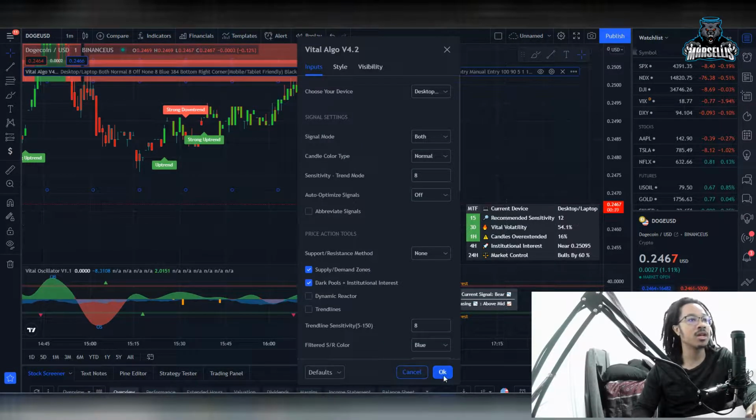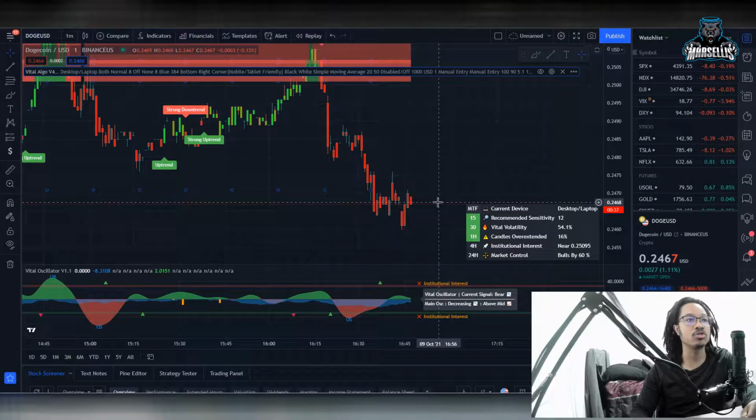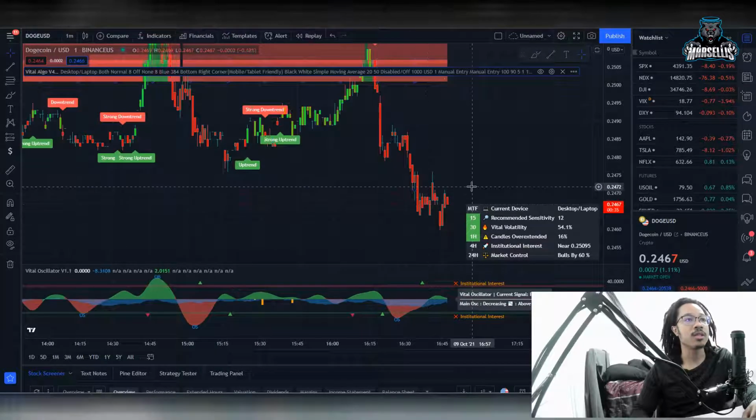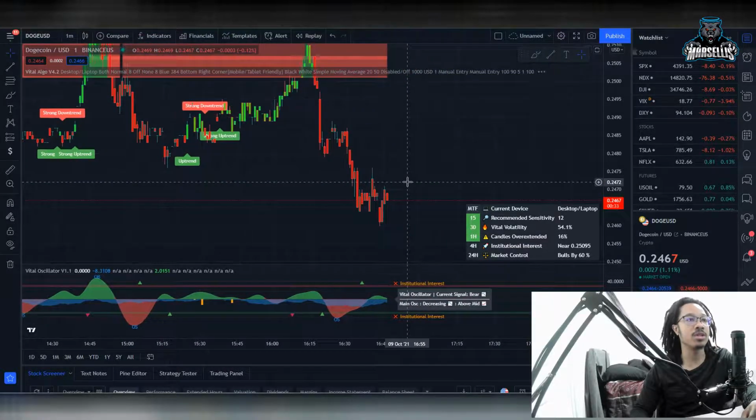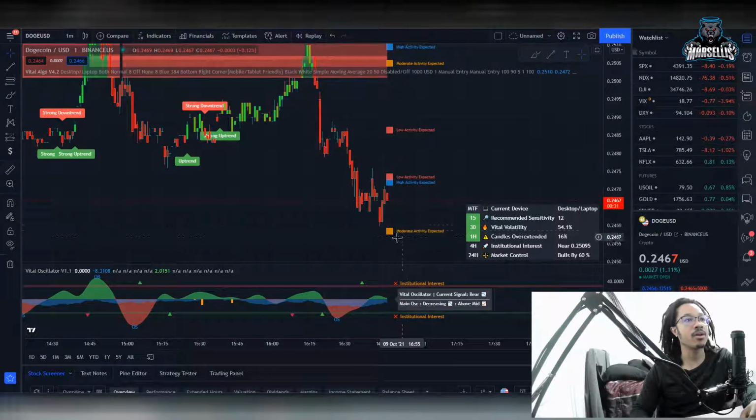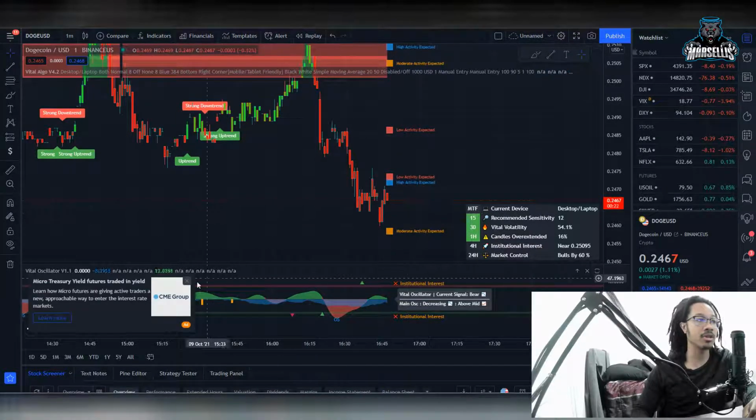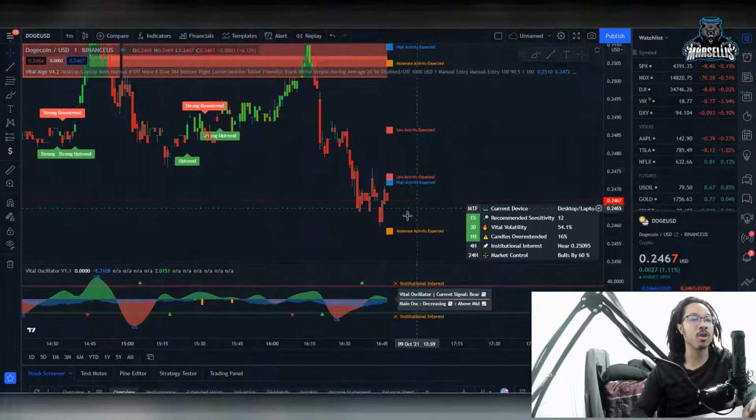Now, if you go over here and look at the dark pool and institutional interest, let's wait for it to load. You'll be able to see that in a second. Right around this area, moderate activity is expected for institutional interest and dark pools, pretty much meaning that the big whales, the large buyers, have more interest down here because it's a more attractive price.